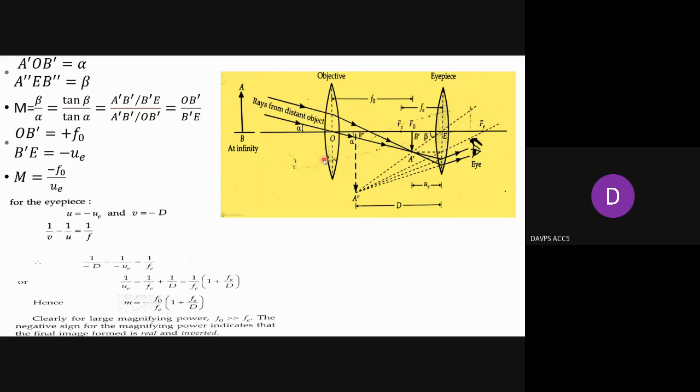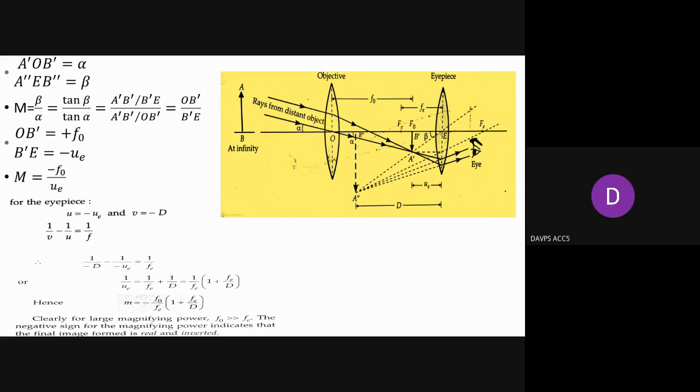First thing I am telling, what is the magnification? I am talking about the magnification. It is the angle subtended by the final image at the eye. Which one is that angle? It is the angle subtended by the final image.